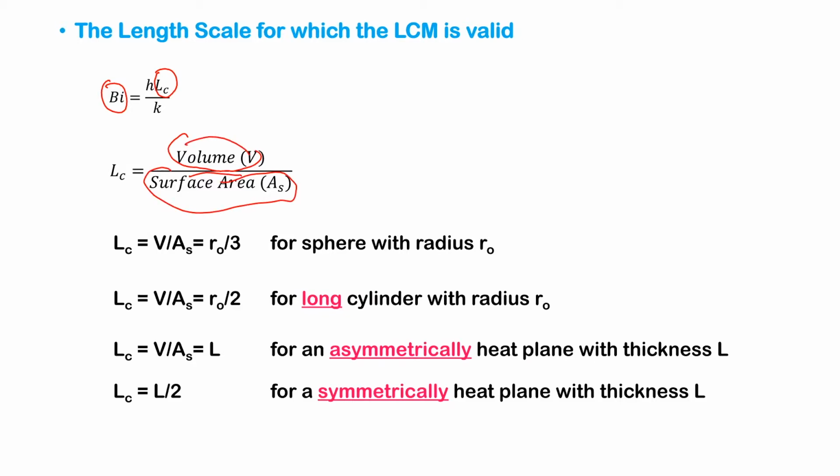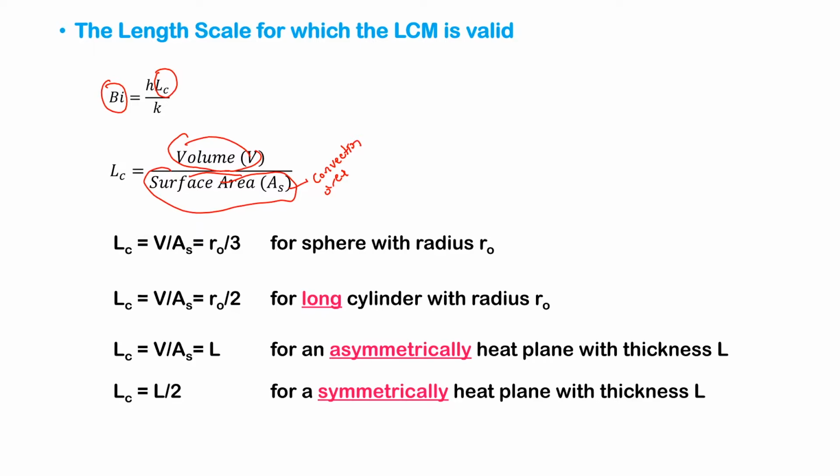Again, in this case, the surface area is the area which is in contact with convection. If you have some areas that are not in contact with a fluid resulting in convection, you don't count that area. You only count the area which is contributing to the convective heating or cooling in the system, okay?